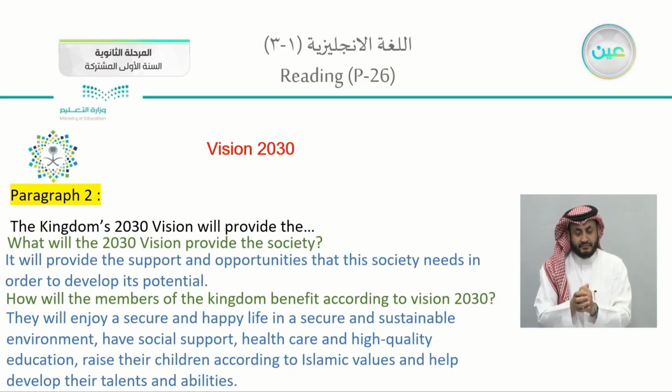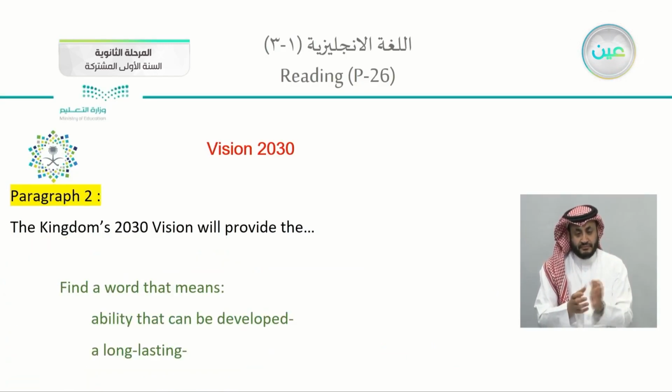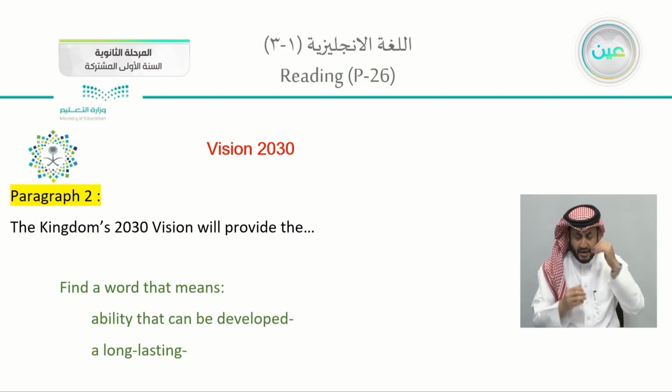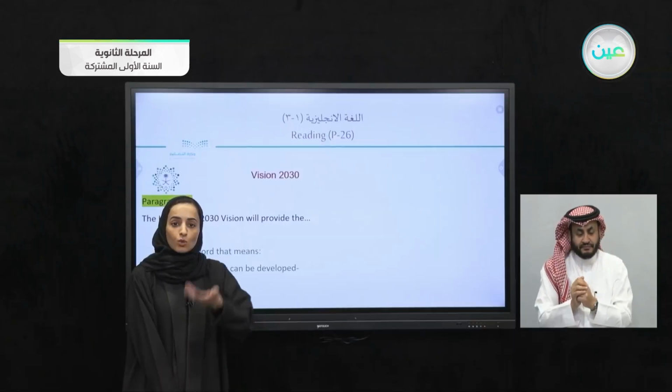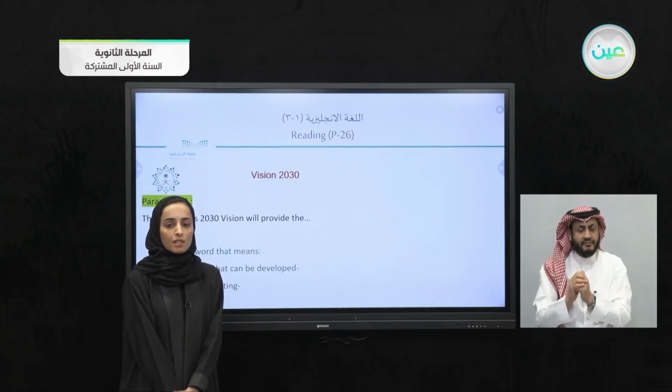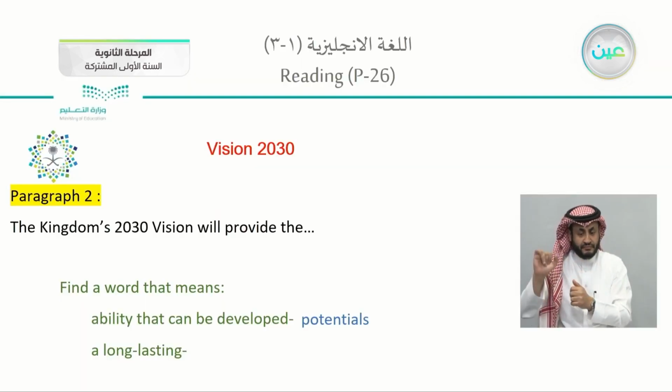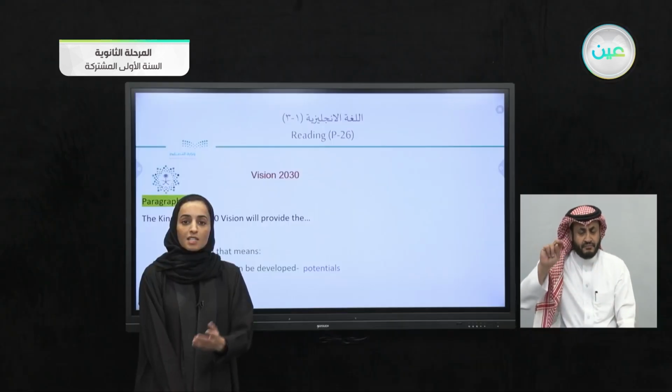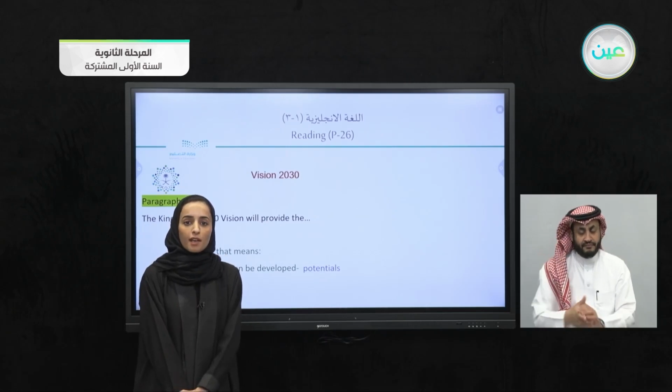Let's go back to the same paragraph number 2 to find the meanings of these words. Can you find a word that means ability that can be developed? Your abilities, things that you can develop, just like your skills. They are your abilities. We call them the potentials. Potentials, your abilities, the things that we can develop by training.